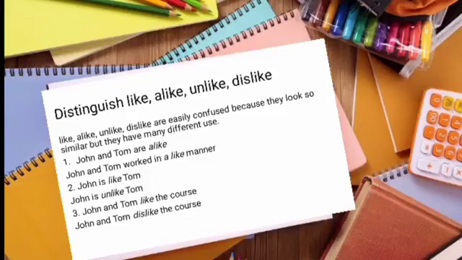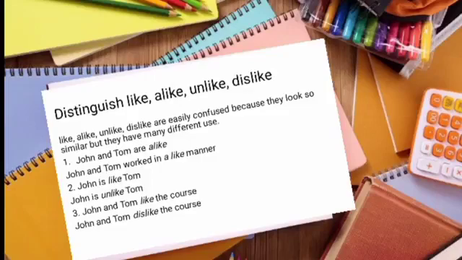Okay, I have sentences. John and Tom are alike. And the second is: John and Tom work in a like manner. Actually, in both examples, alike and like are adjectives that mean similar.